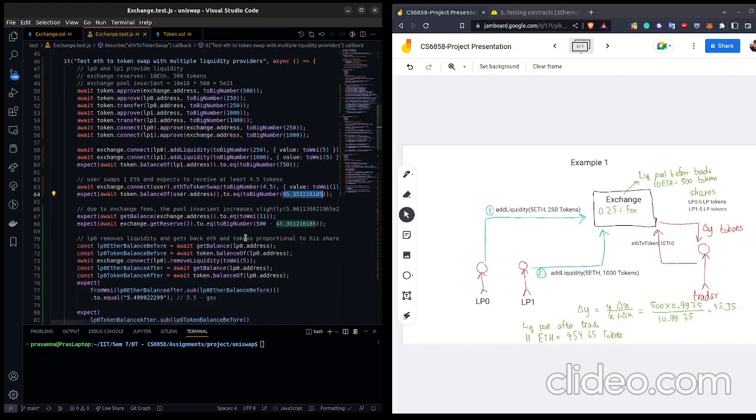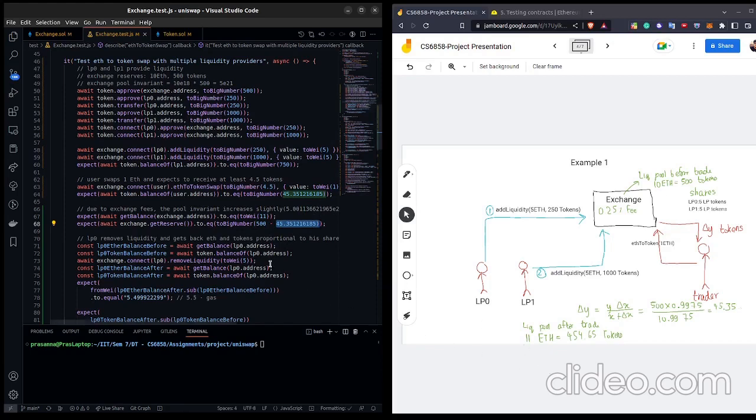Then we'll also see that the liquidity pool now has 11 ETH and 500 minus these many tokens.